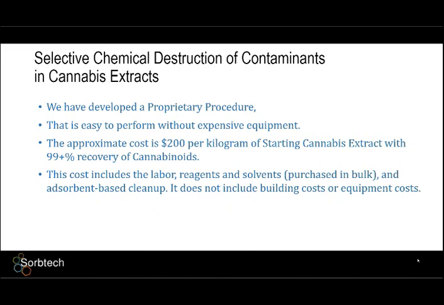Now, the cost I calculated includes the labor, reagents, and the solvents if you purchase the reagents and solvents in bulk, and absorbent-based cleanup also purchased in bulk. I did not include, because it varies too much, building costs or capital equipment expenditures. For more details and licensing, please contact us at Sorbent Technologies.